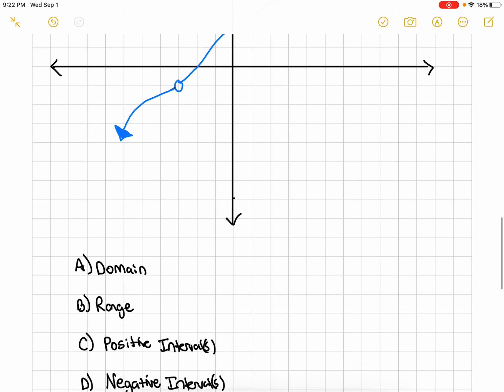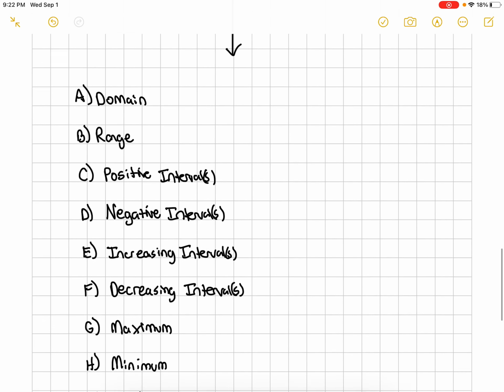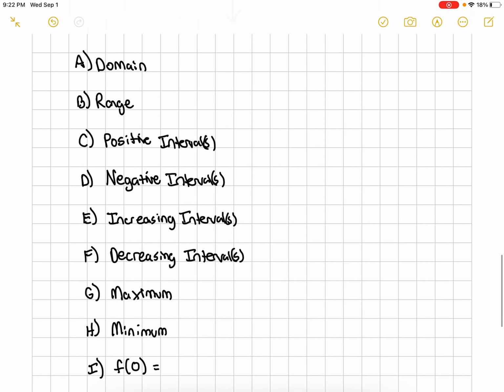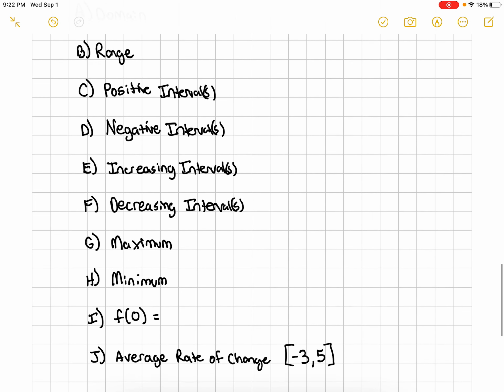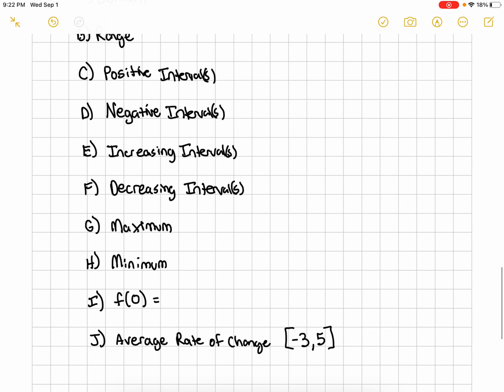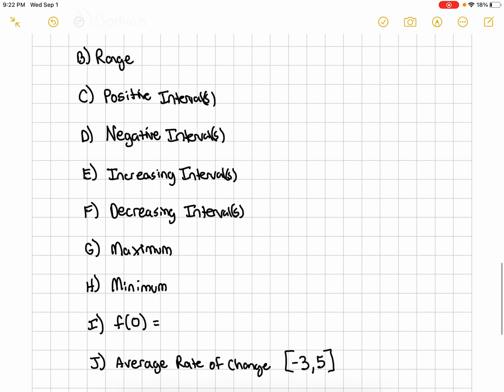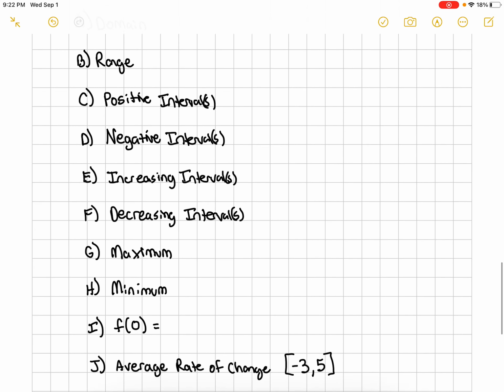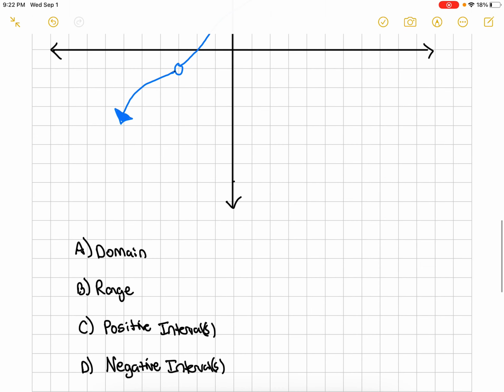Same 10 questions we just did, except I want you to find f of 0. And I want you to find the average rate of change, or the average slope, from negative 3 to 5. Alright, so give that one a try and make sure you get both of these in your notebook for September the 2nd.